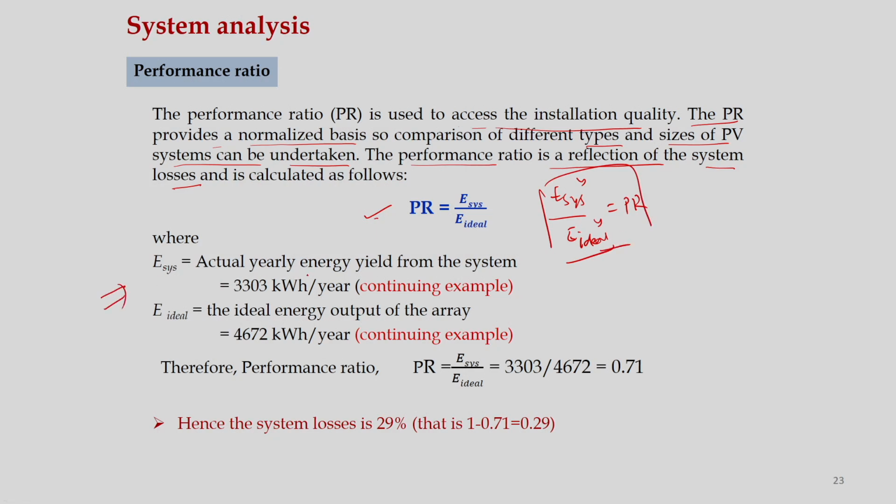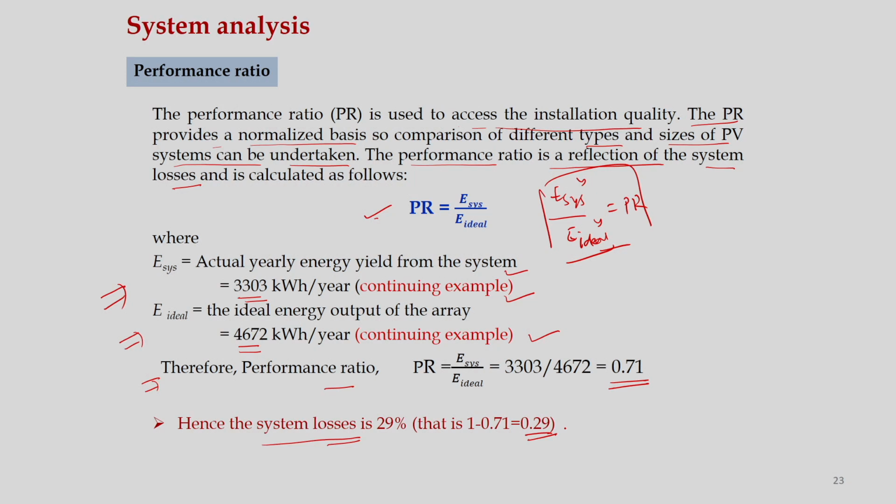So, E system is the actual yearly energy yield from the system, which is nothing but 3303 kilowatt hour per year, already calculated, and E ideal is the ideal energy output of the array, equal to 4672 kilowatt hour per year, which has already been calculated. Therefore, the performance ratio will be E system by E ideal, which is nothing but 0.71. What does it mean? The system losses will be 29%, that is 1 minus 0.71 is 0.29.